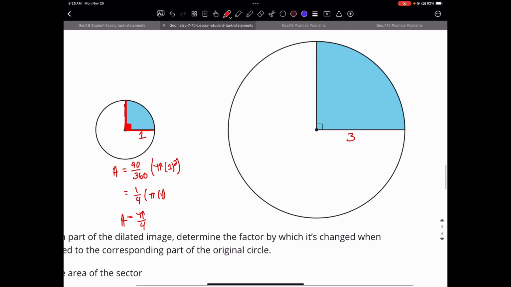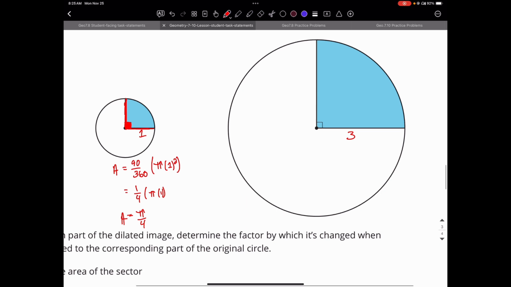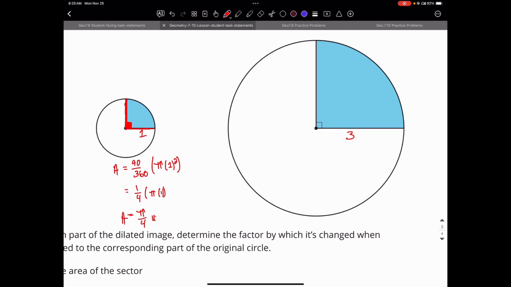So that's our area, and then of course we'll say units squared. I always get myself in trouble because I never look to see if they tell us what the units are, but we know that it's units squared. So area would equal pi over 4 units squared. That's the first one.